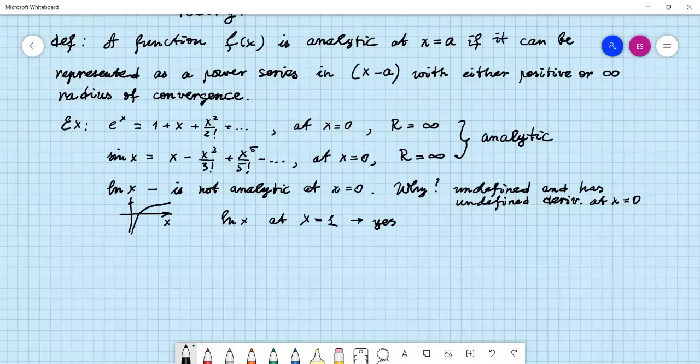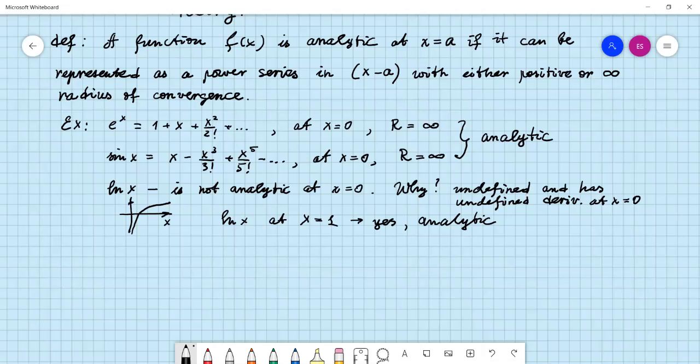So at point 1, the function is defined, it equals 0, and all derivatives are defined, and everything is fine. So it is analytic. So when you talk about an analytic or non-analytic function, it's always where. A function cannot be non-analytic everywhere; normally you expect it to be non-analytic somewhere and analytic somewhere.